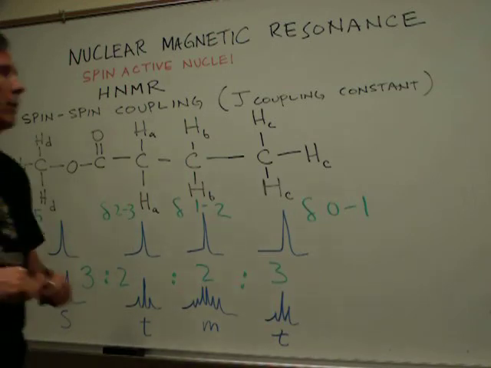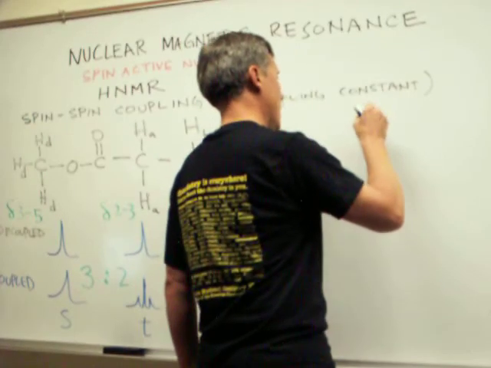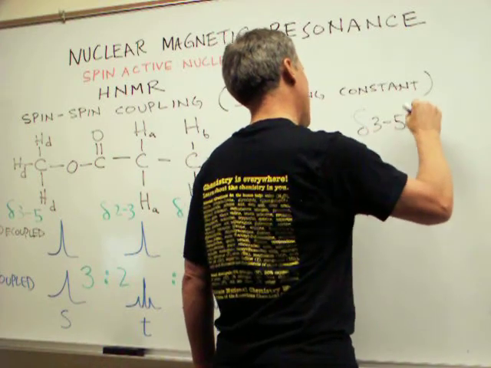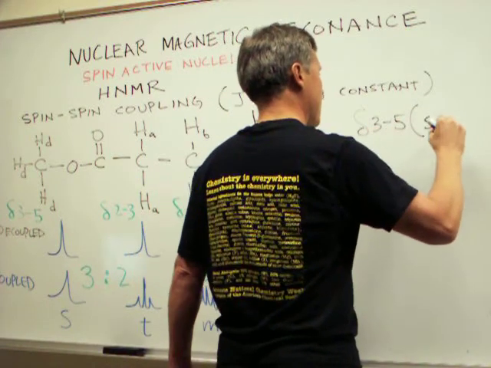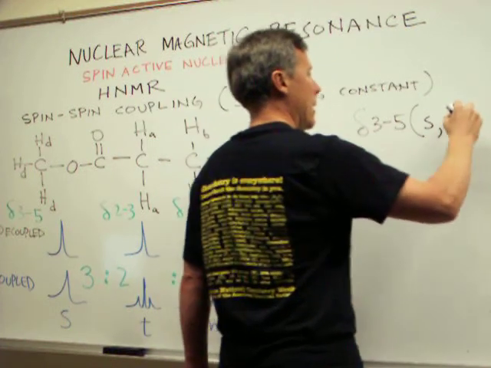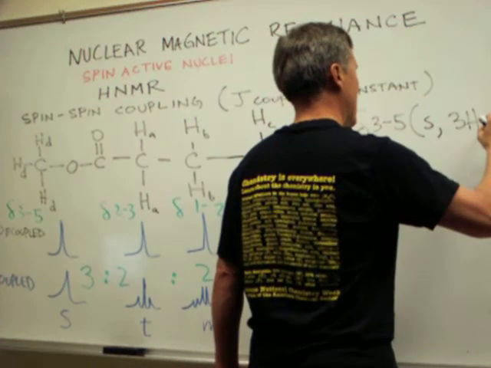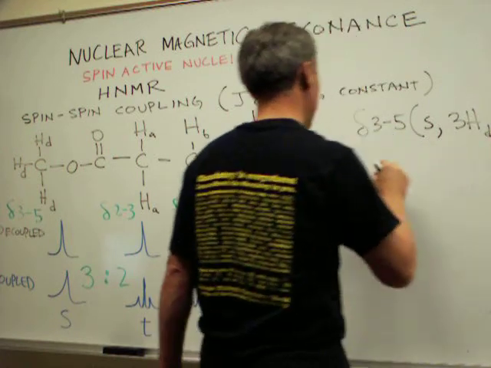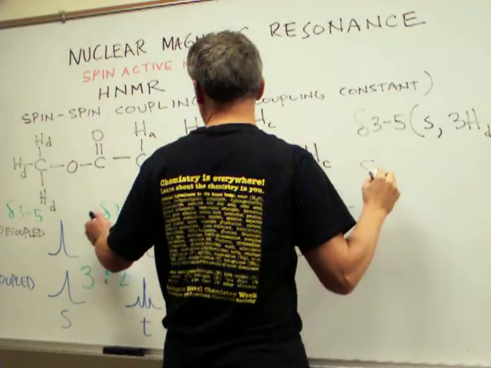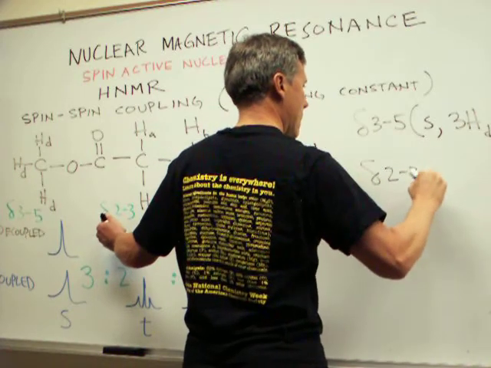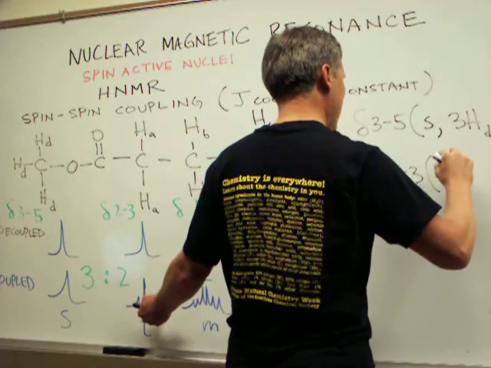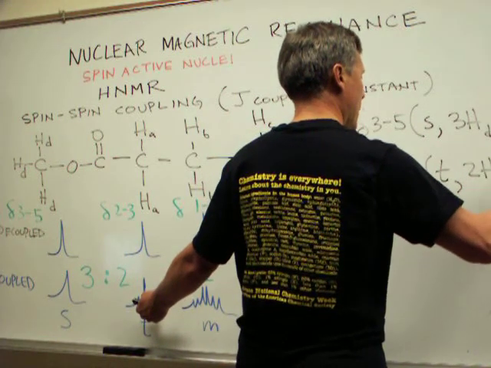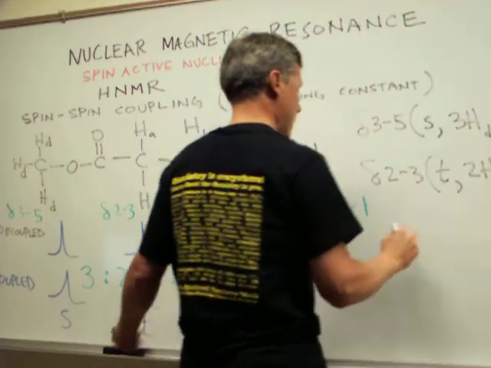And then we could summarize this in the following manner. Delta 3 to 5 exists as a singlet with 3 HD protons. Delta value 2 to 3 appears as a triplet with 2 HA protons.